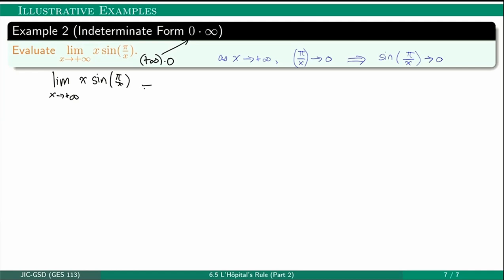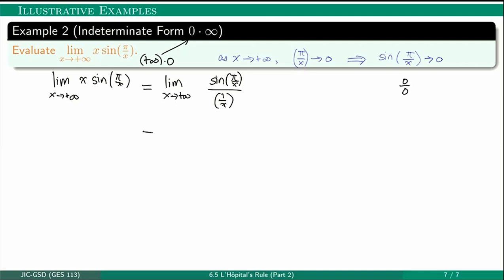Our goal here is to rewrite this function. I just copy limit as x approaches positive infinity. I will keep the sine pi over x up in the numerator, but I have to divide this by 1 over x. Now, in this case, the numerator goes to 0. The denominator will also go to 0. So this is now a 0 over 0 indeterminate form.